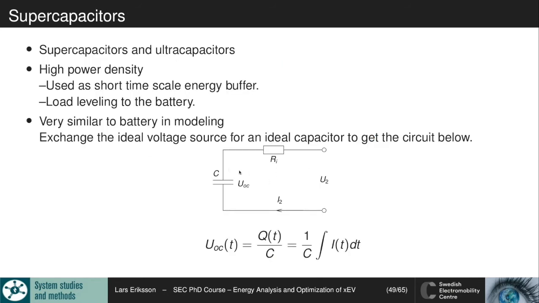Supercapacitors are like a special case of the batteries where we have a capability to deliver much more power at short time instances, but they are not energy optimized. So they can be used to do load leveling of the battery, and they are very similar to batteries in their modeling.